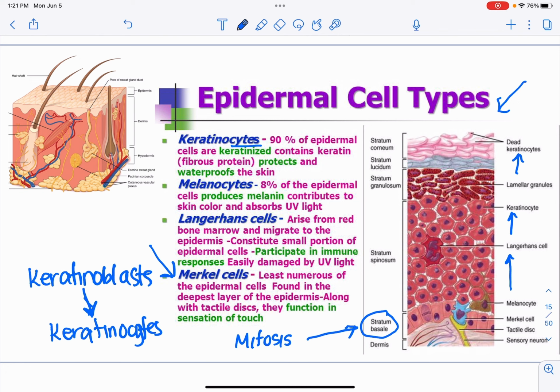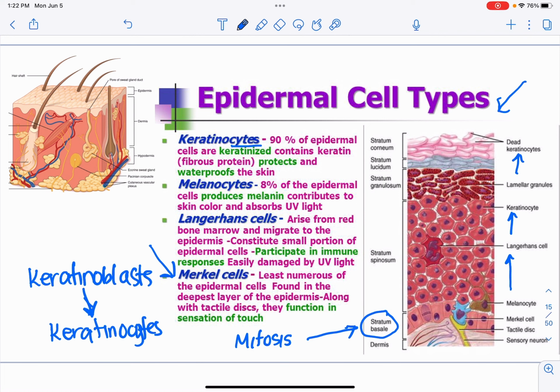They are associated with sensory neurons so that they function in the sensation of touch. So if we're sitting at a park and we feel an ant crawling on our skin, those are the Merkel cells transmitting that sensation to our brain so that we can interpret that feeling.